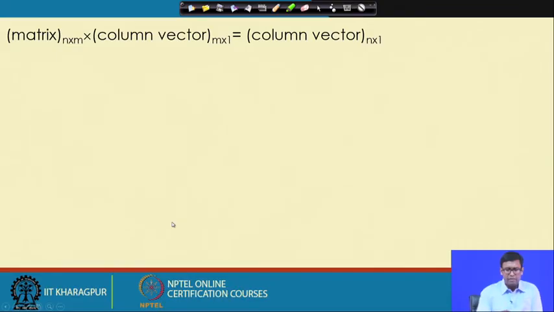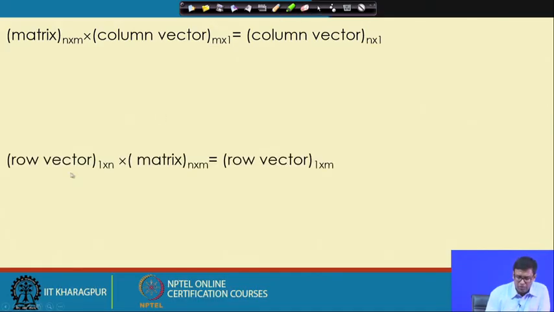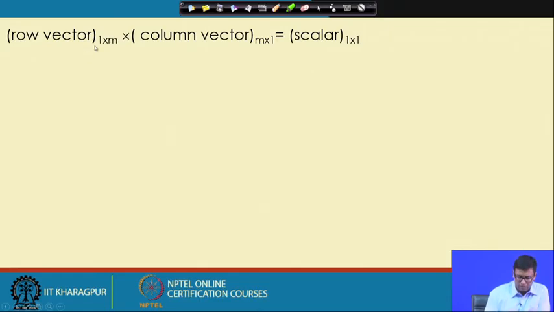Now, a matrix multiplied by a column vector, if we just look into their indices, gives us a column vector, and a row vector multiplied by a matrix gives us a row vector. So, the order of multiplication is important, as the number of columns of the pre-multiplier has to match with the number of rows of the post-multiplier.